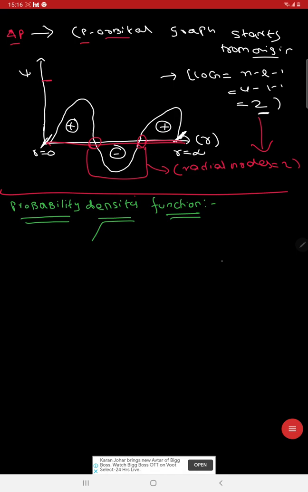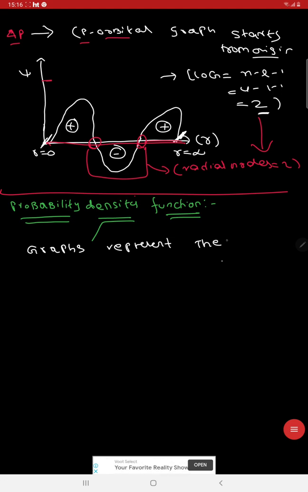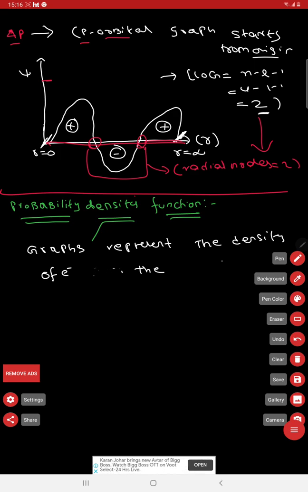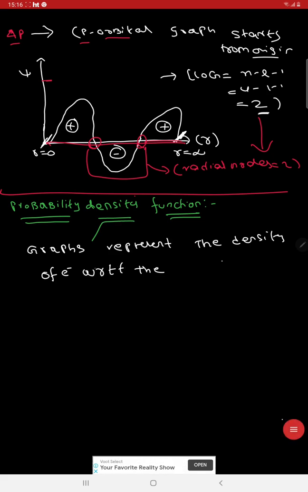These graphs represent the density of electrons with respect to the nucleus, for a particular sub-energy level.